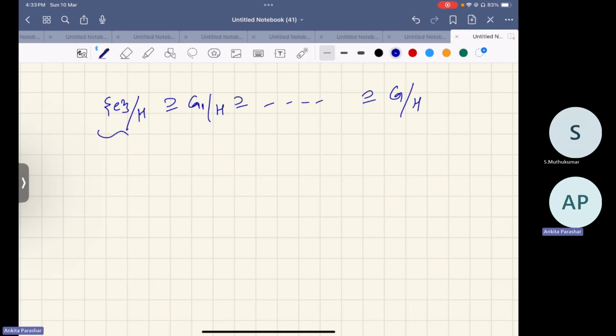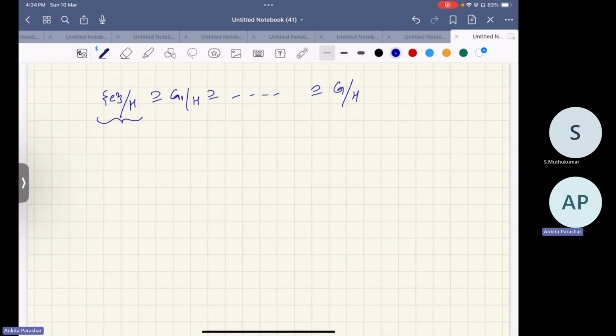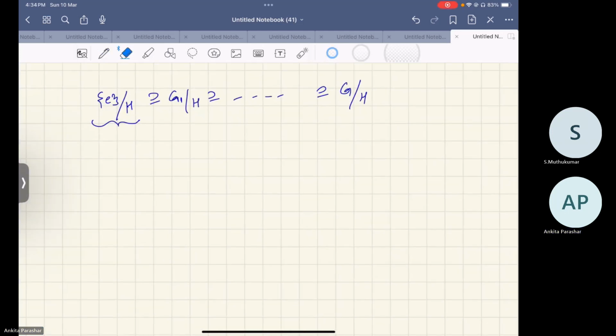Well, what about this? Is this what we want? No, right? What is the identity element inside G mod H? The inclusions are reversed, yes. Okay. But what is the meaning?